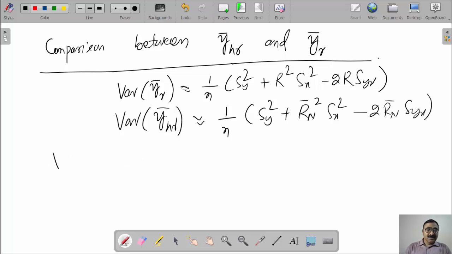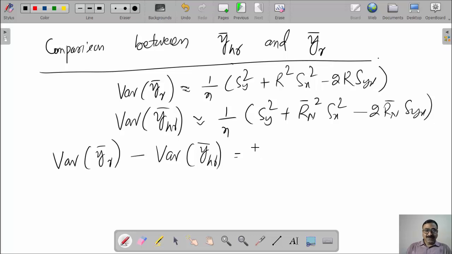Now the variance of y R bar minus the variance of y HR bar is equal to 1 by n.